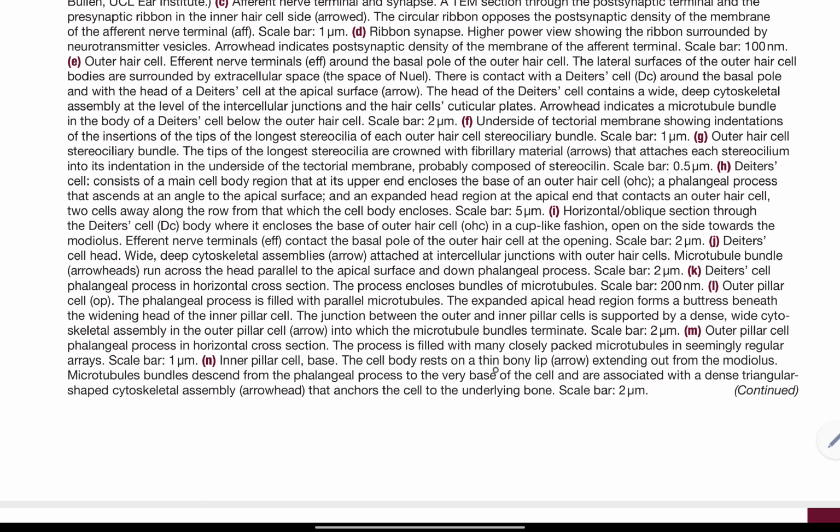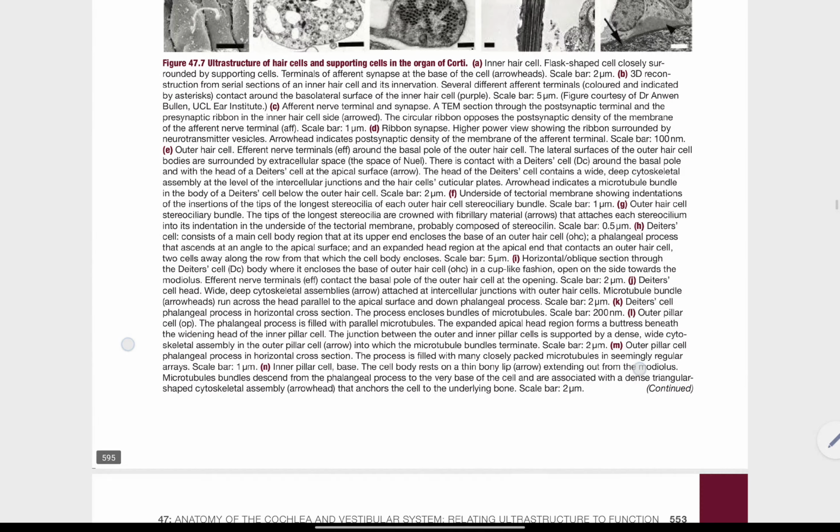The cell body rests on a thin bony lip, arrow, extending out from the modiolus. Microtubule bundles descend from the phalangeal process to the very base of the cell and are associated with the dense triangular-shaped cytoskeletal assembly, arrowhead, that anchors the cell to the underlying bone. Scale bar 2 mm.